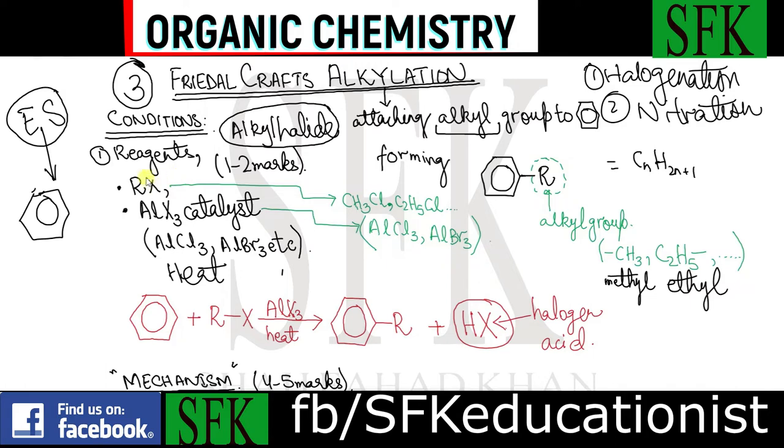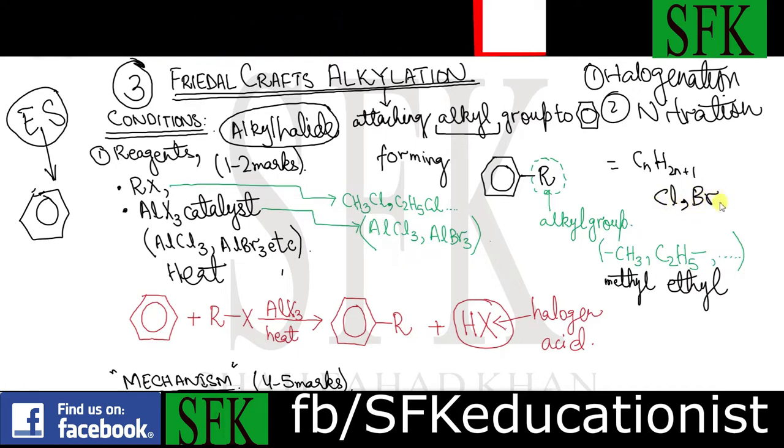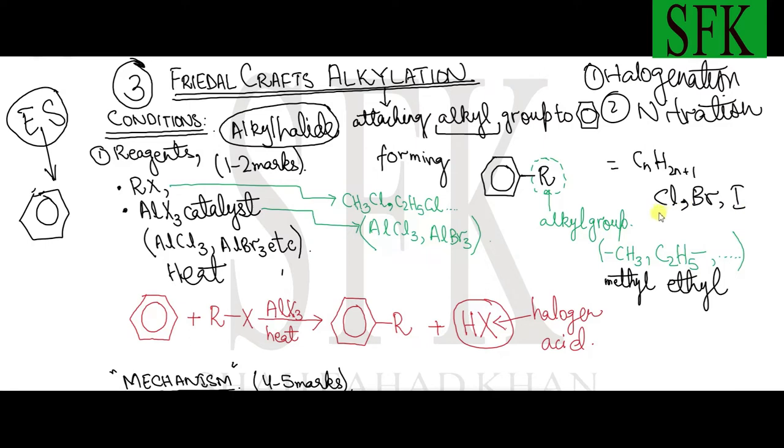Now the R represents an alkyl group and the X over here represents a halogen atom. Halogen is any group 7 element, as you guys know. So a halogen can be chlorine, bromine, iodine, etc. Usually chlorine, bromine, or iodine are given in past year papers. Iodine very occasionally, but chlorine and bromine are mostly asked.